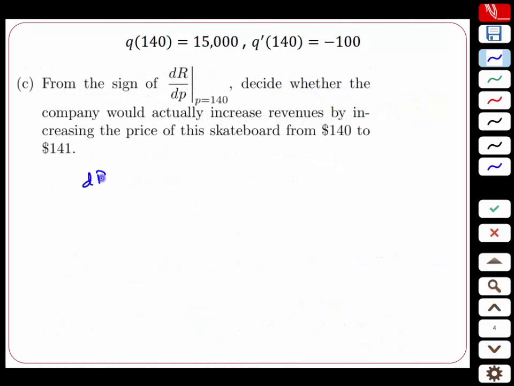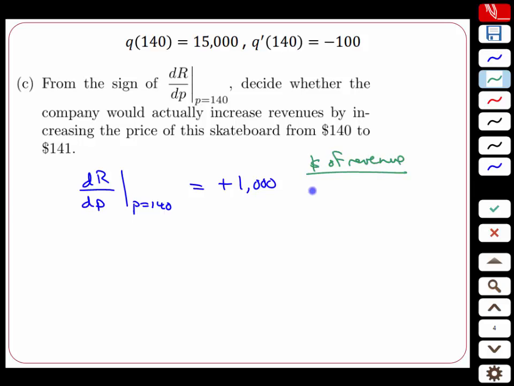We found that the derivative of revenue with respect to price, when the price is already at $140, was positive 1,000. What are the units of that? Units of the top are dollars of revenue, and in the bottom we have dollars of price.